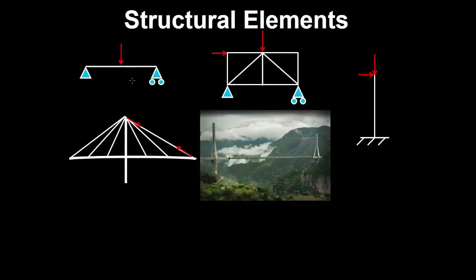Structural elements develop internal forces to resist external loads imposed on them. And the first example is a beam, which develops internal shear forces and bending moments to resist an external load via bending, and the load's applied transversely to the beam.